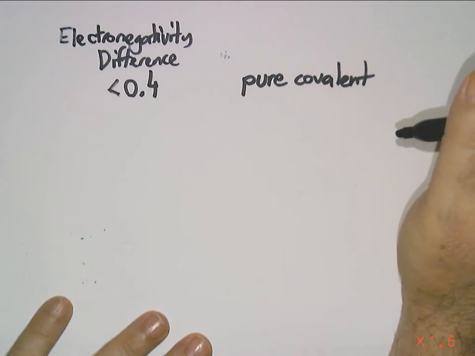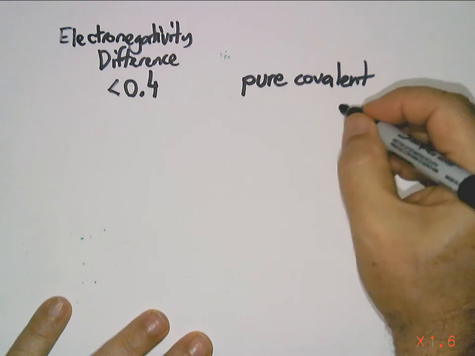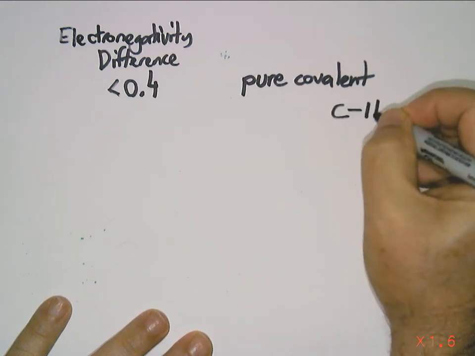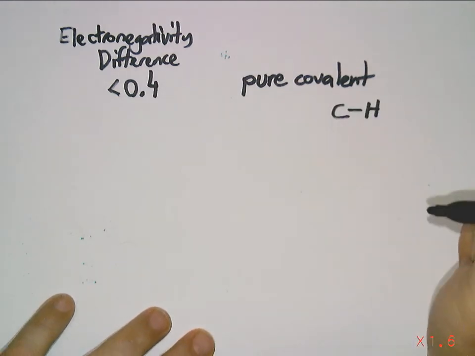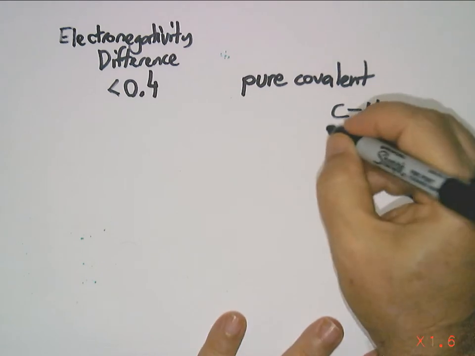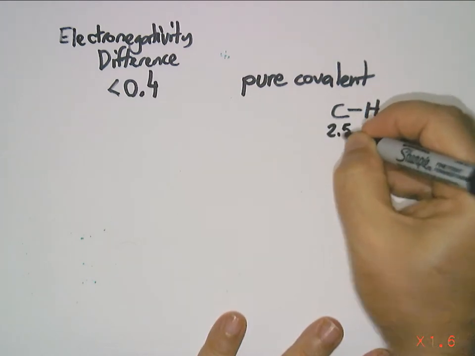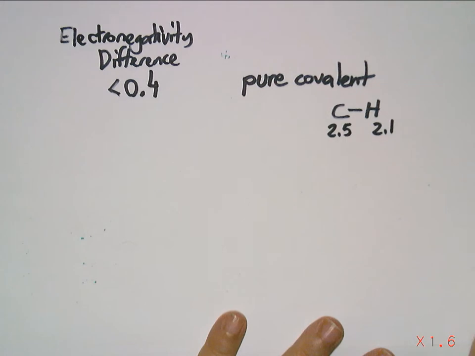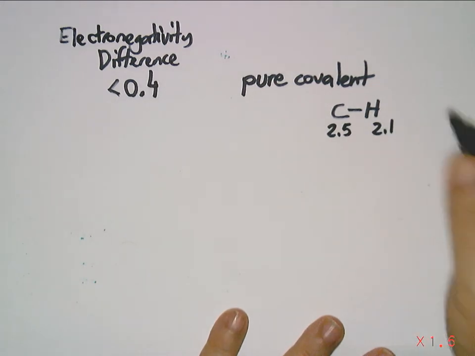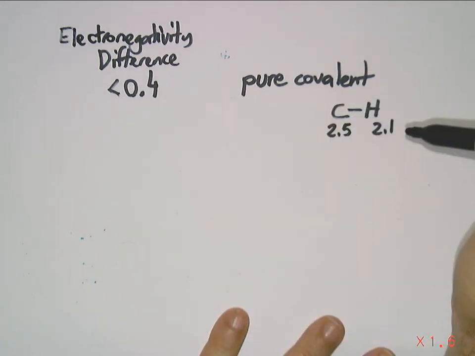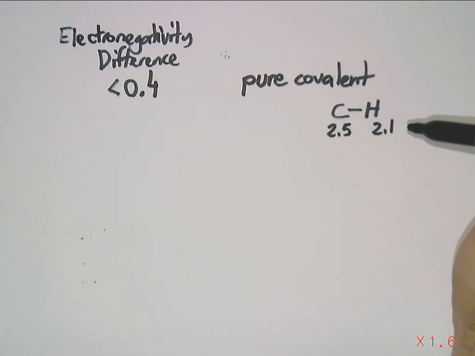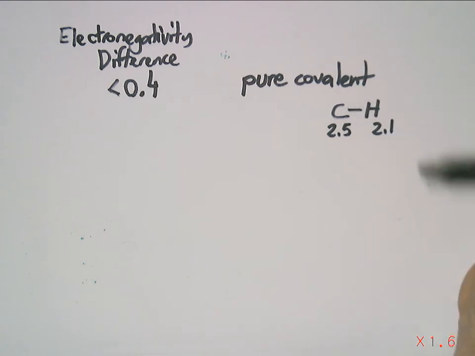But if you've got something like a carbon-hydrogen bond, they don't consider that very polar. It isn't a very polar bond. If you look at the electronegativity values, there's only a difference of 0.4. So by my scheme here, by your book scheme, this would be a pure covalent bond. You wouldn't say it was polar.